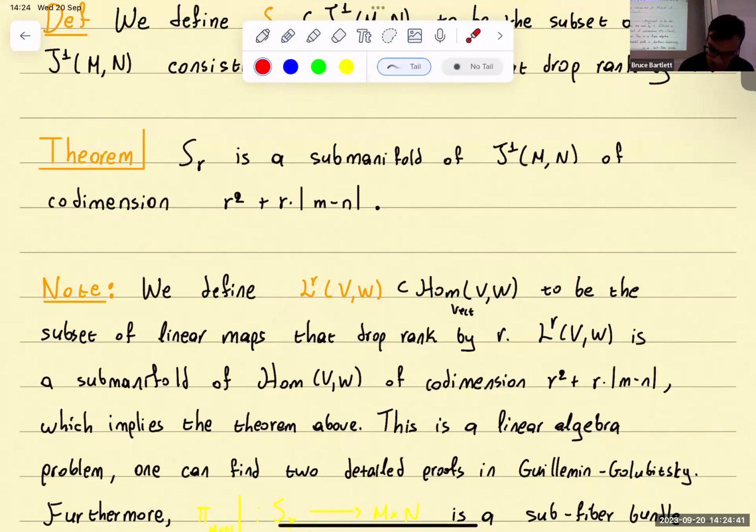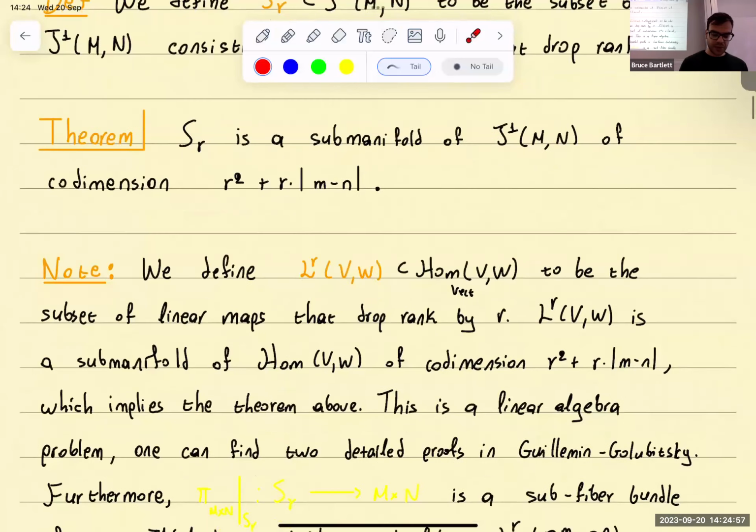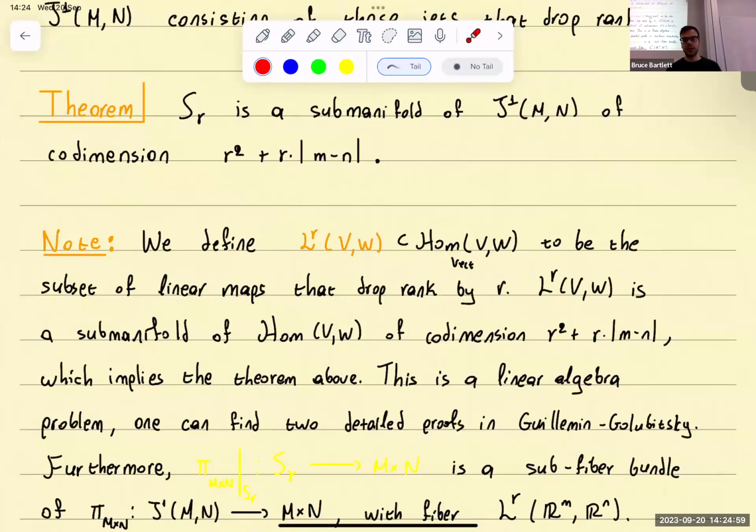If you look at all linear maps, you can look at the subset of linear maps, which I'm calling here L^R, the subset of linear maps that drop rank by R. This itself is going to be a submanifold. These spaces all have a manifold structure because they're vector spaces, right? And this is going to be a submanifold with the codimension given by the same formula.